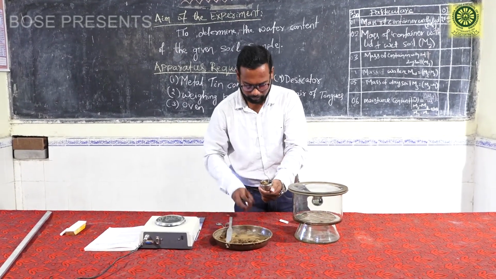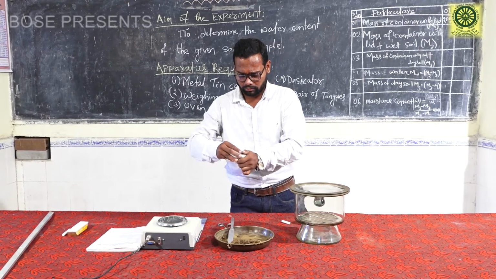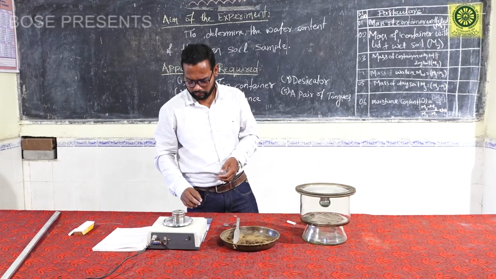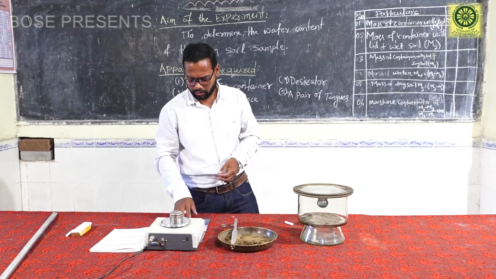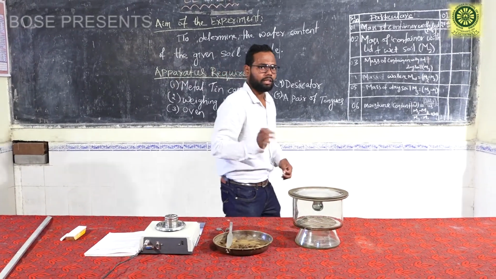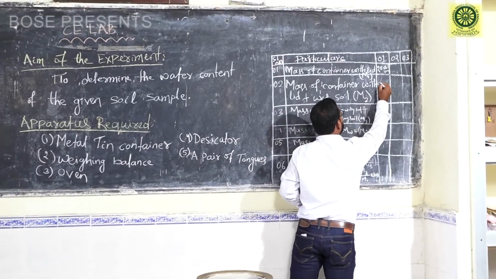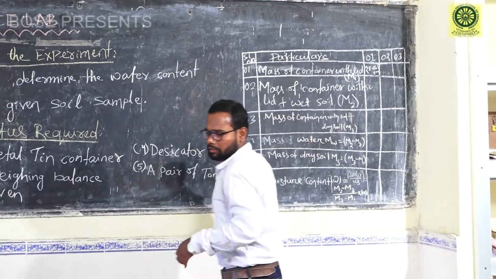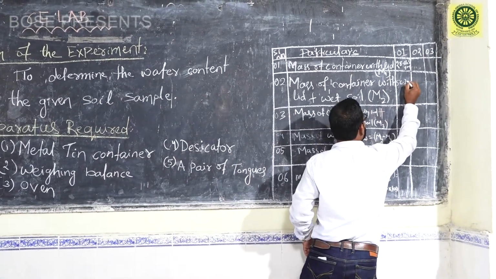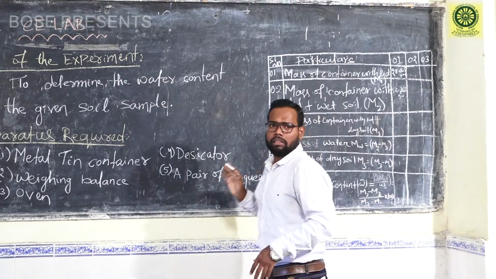Next we need to find the weight of this container. It comes out to be 56.762 gram. Now look at this blackboard. 56.762 gram. All the measurements are in gram.